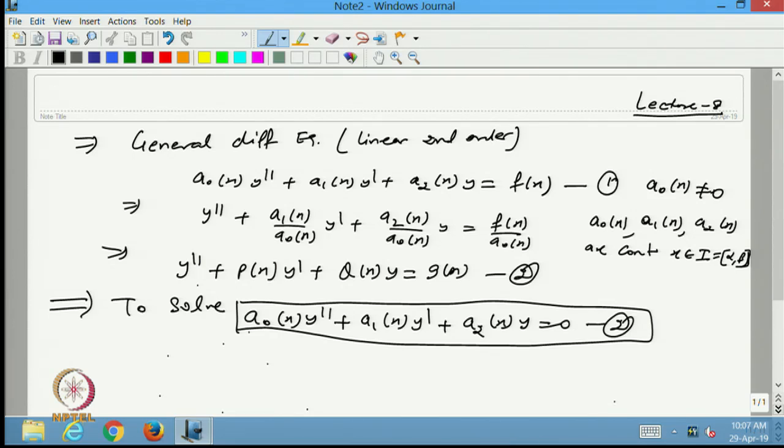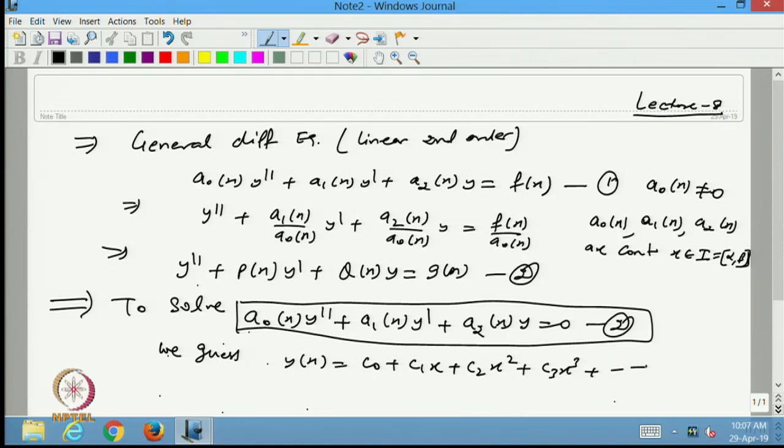So, this comes to our mind, let me guess that my y x is a polynomial. I just write it as C0 plus C1x plus C2x square, C3x cube and so on.